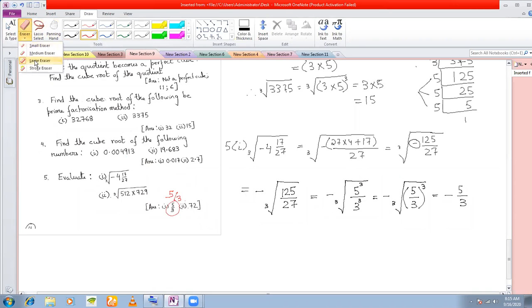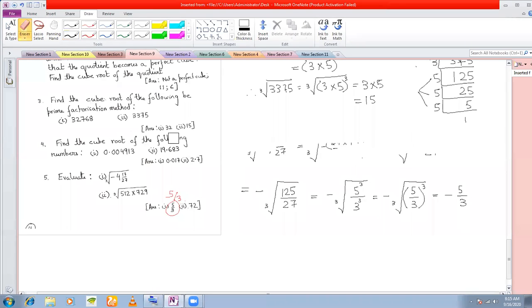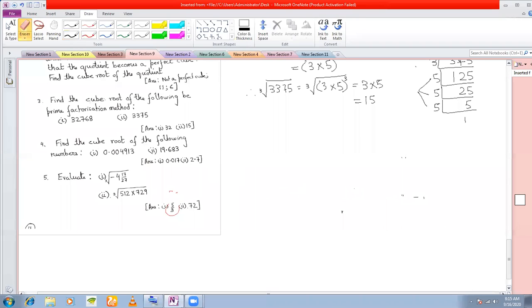Now move on to the next one. Next one is also an easy one. Number 5. Evaluate cube root of 512 into 729.